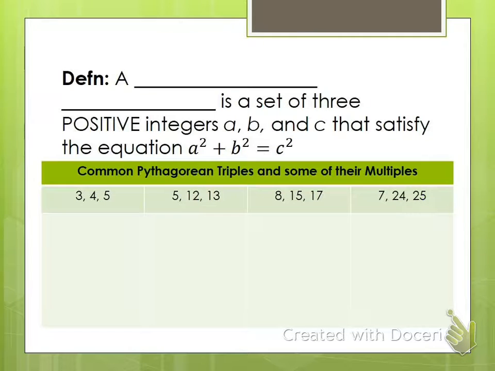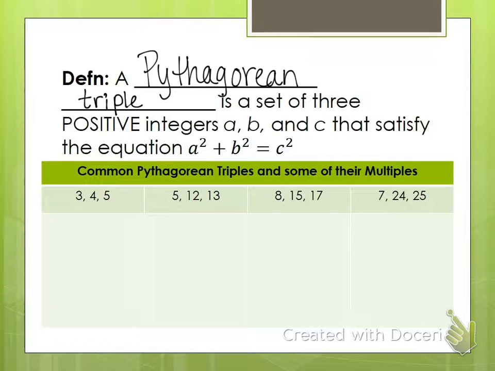A Pythagorean triple is a set of three positive integers, a, b, and c, that satisfy the equation a squared plus b squared equals c squared.